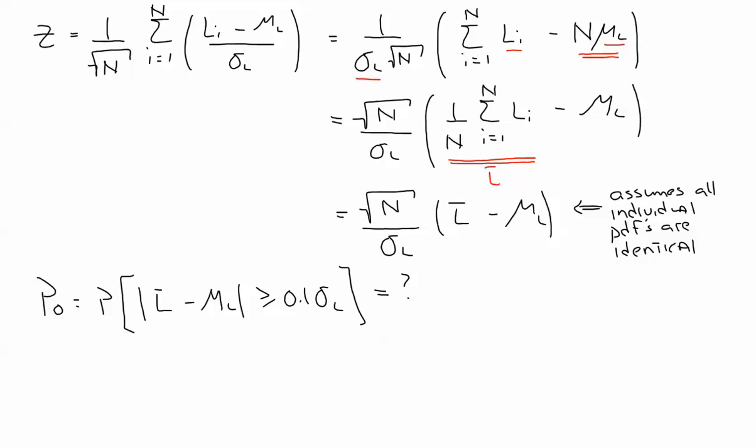We want to find the probability that the mean sample length differs from the true mean length by greater than 0.1 standard deviations. Remember that differs by means that my mean sample length can either be too long or too short. Thus, my absolute value symbols here.